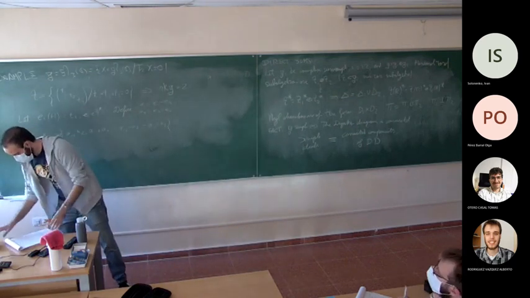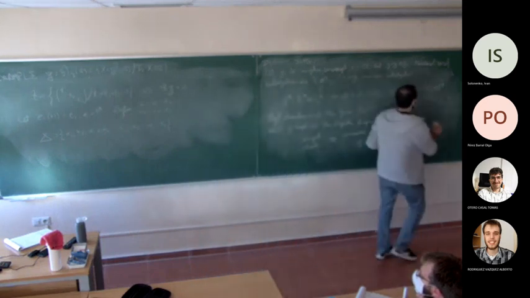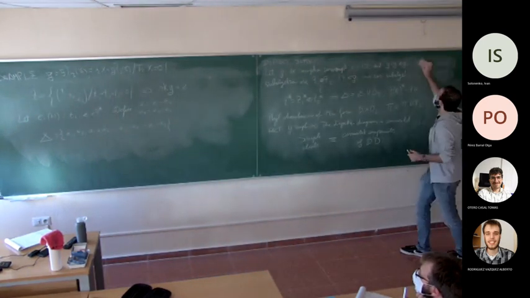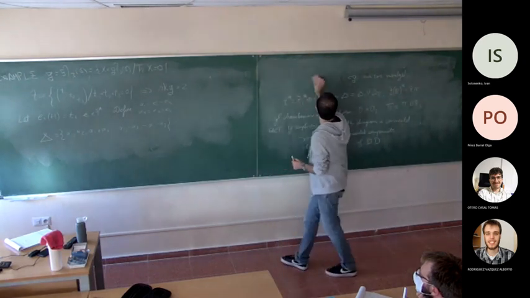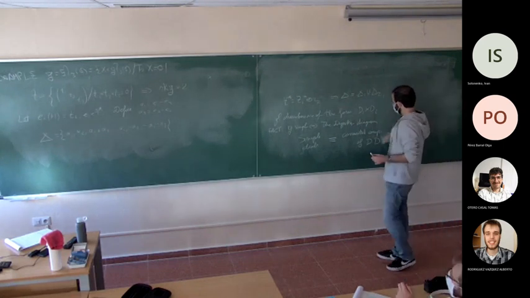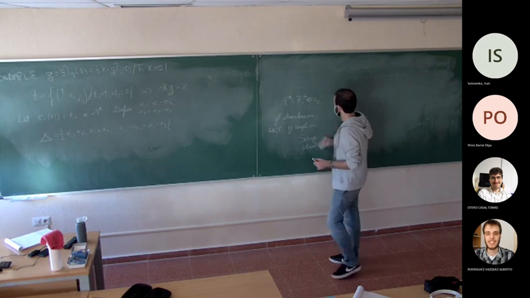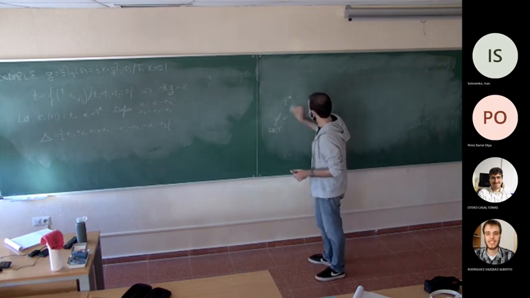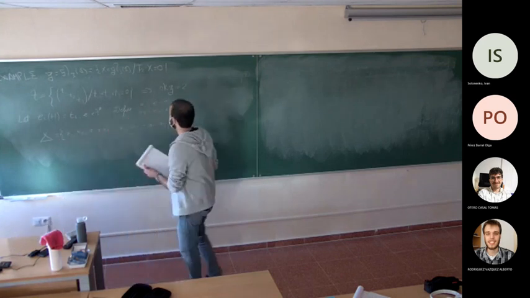And who are the associated root spaces? There are 6.